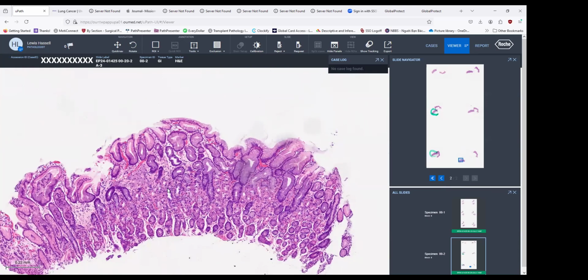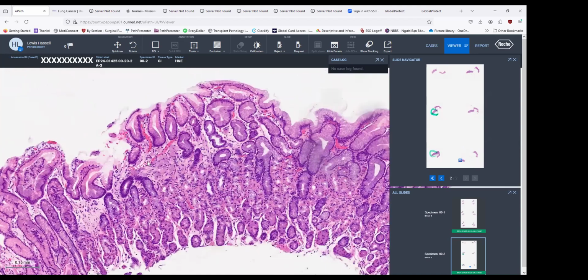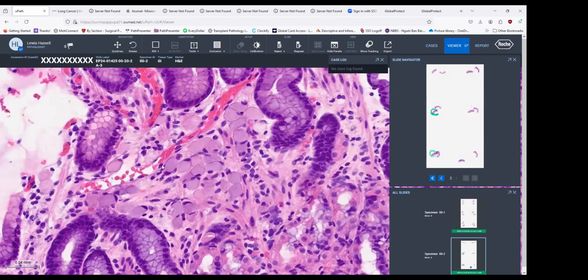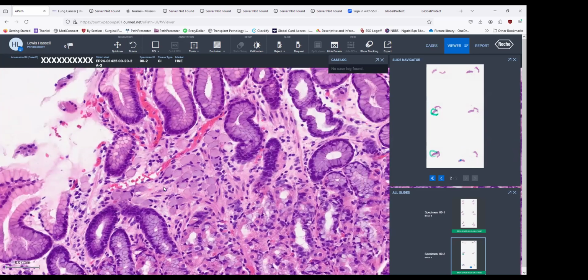I don't think at routine magnification, other than maybe here at about 10x, would you have seen this. But here they are. As you can see, there's a cluster of cells that have peripheral nuclei compressed against the side of the cell with a central pale eosinophilic to amphophilic substance that looks a little bit like mucin. These, I think, are by definition signet ring cells.